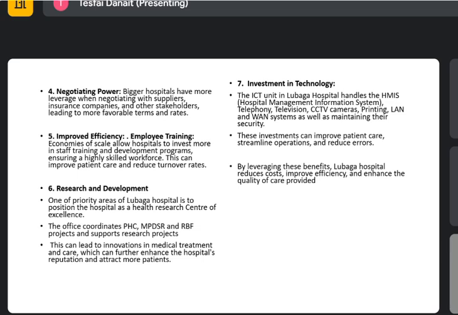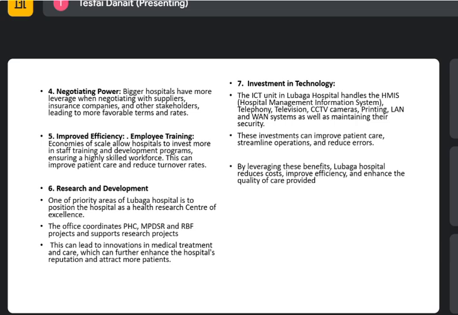And it also invests in technology. The ICT unit in Lubaga Hospital, as we have found in our research, handles the hospital management information system. It has telephony, television, CCTV cameras, LAN, security, one system, meaning their security.